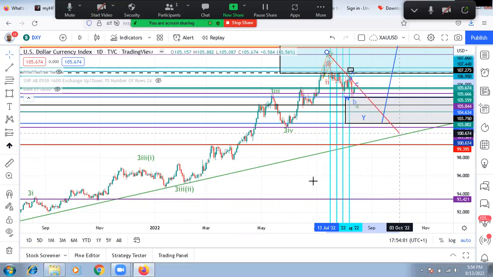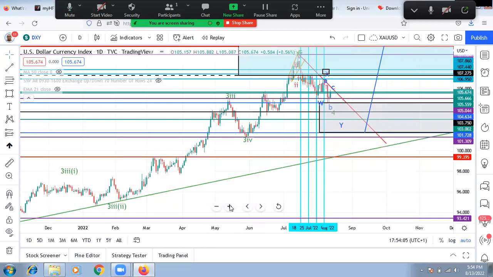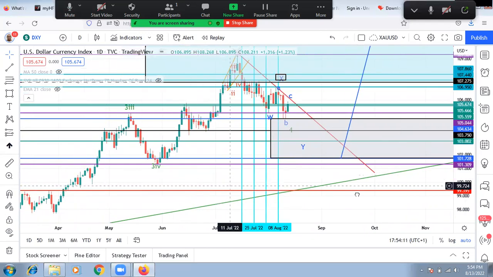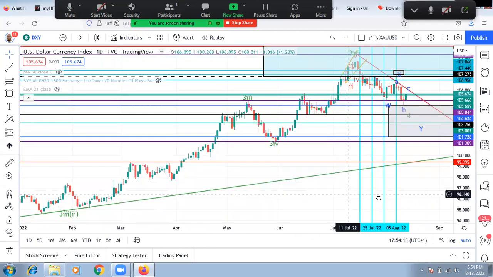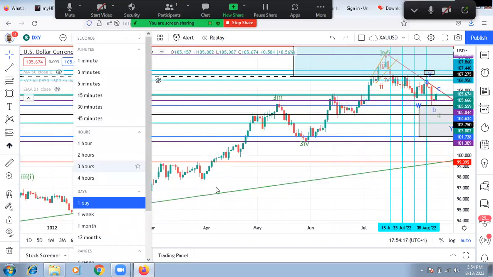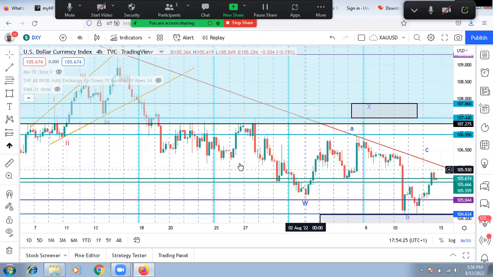So that's the correction we're going to have there. So let me go into the lower time frame and fine tune that. So let's fine tune this.